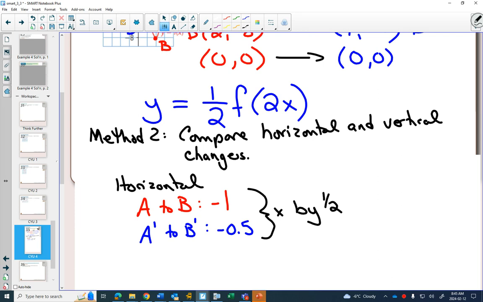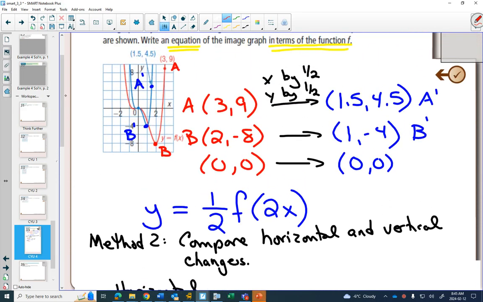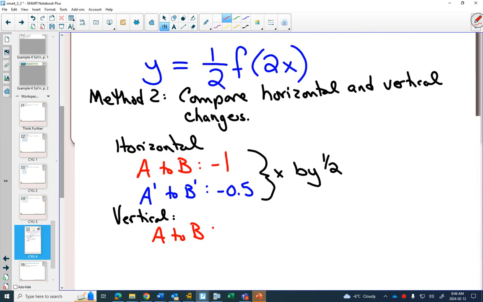When I compare my vertical distances, again on my red graph, when I go from A to B, I'm going to go from 9 down to -8. I'm going down 17, so I would write that as -17.